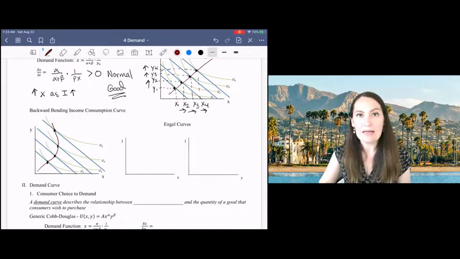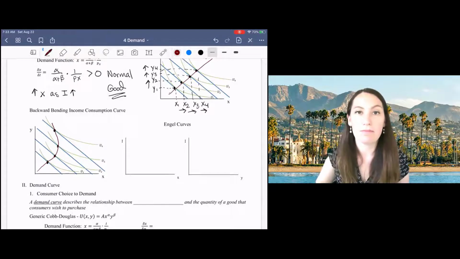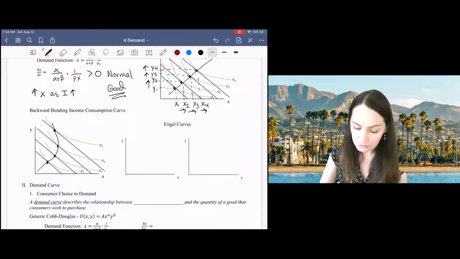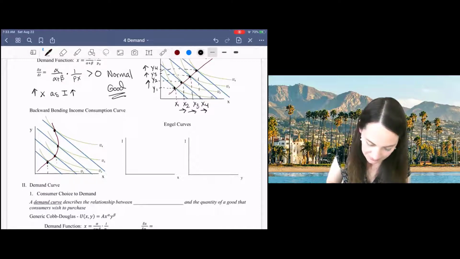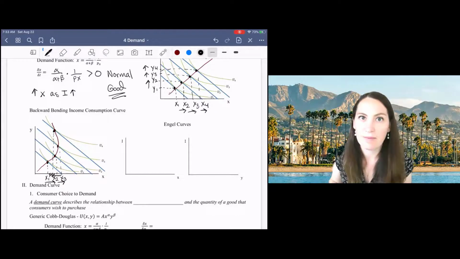And what's going on here is that we have, for at least a portion of income, X is inferior. And again, you can see that if you see what's happening as income increases. At first, my consumption of X increases, but then as my income goes up more, I have a decrease in X. X4 would be there. That's kind of messy, but I think you get the idea.